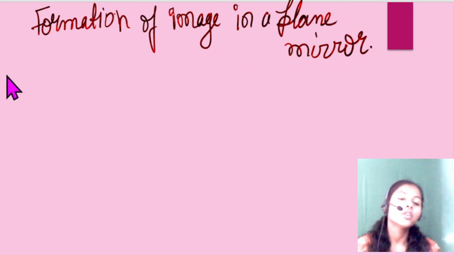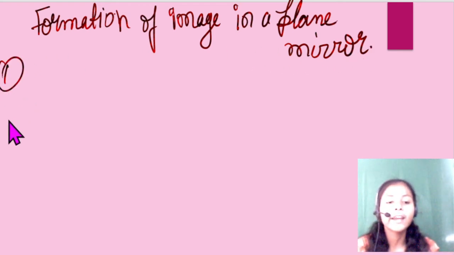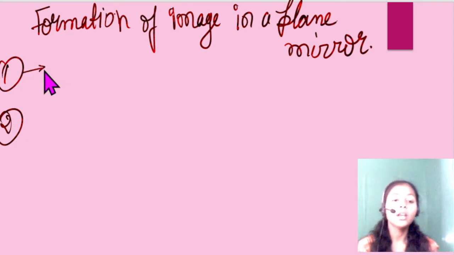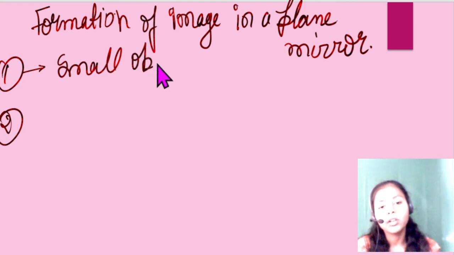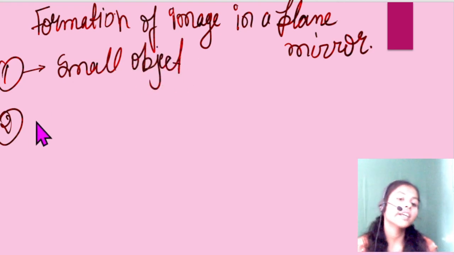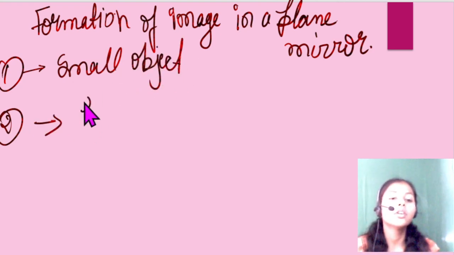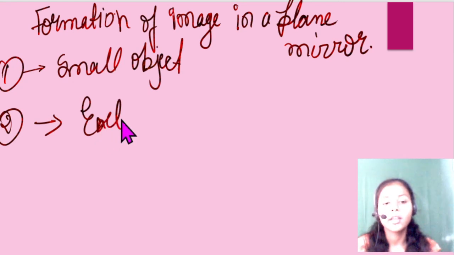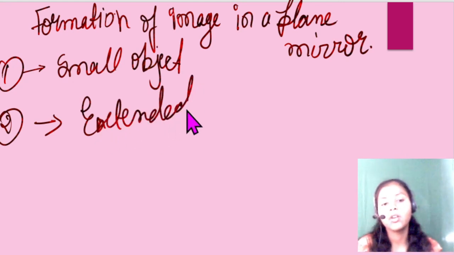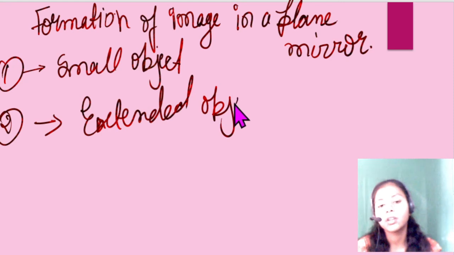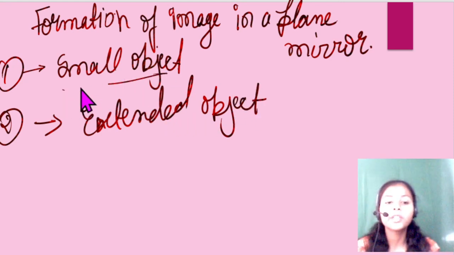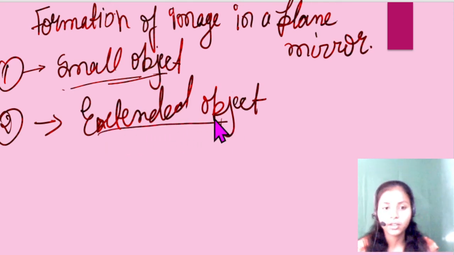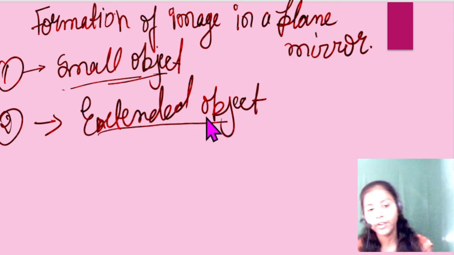In the next session we will read about the formation of image in a plane mirror. Now the 2D diagrams which we will make: one is of a small object, and the second one is of an extended object. The image which is going to be formed of the small object as well as the extended object. This is the formation of image in a plane mirror.